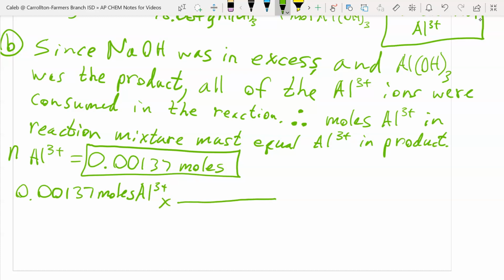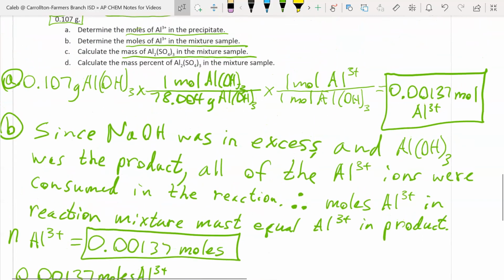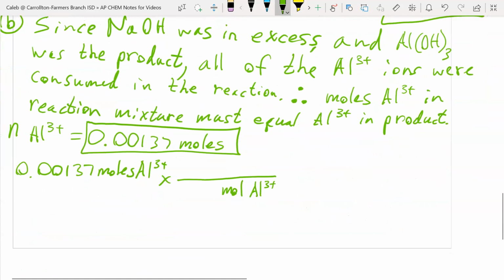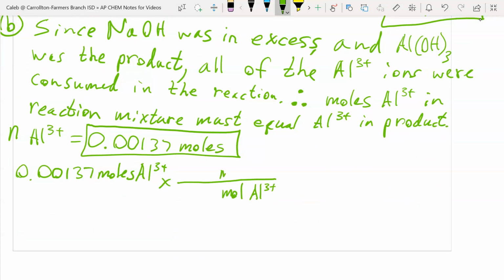So I need moles of Al3+ on the bottom. All right, and we want to relate it to Al2(SO4)3. So moles Al2(SO4)3.